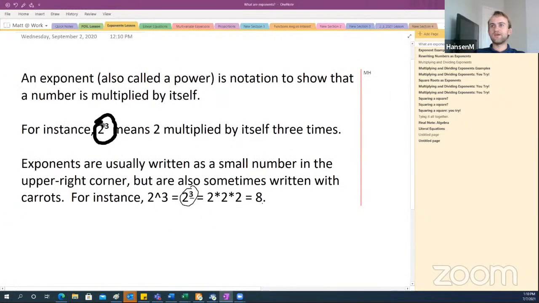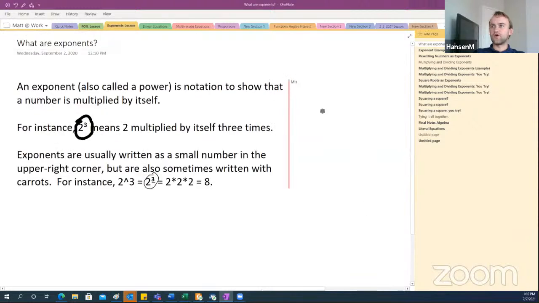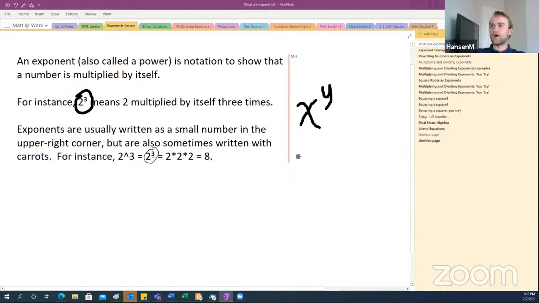That means you take 2 and multiply the number by itself 3 times. In general, x would be your number and y would be your power. As another example, 3 to the 4th is 3 to the power 4, which means 3 multiplied by itself 4 times.